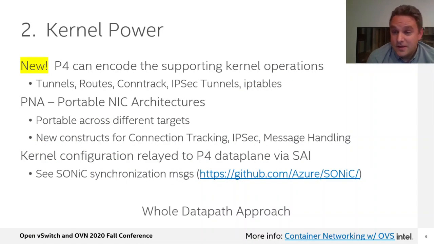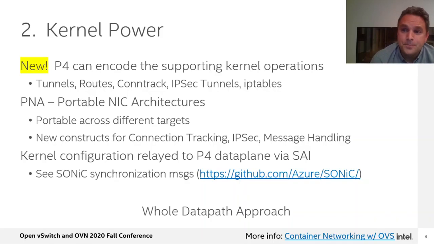The second thing is, OpenFlow and P4 is great, but we need to use a lot of constructs that are part of networking, and today we use the kernel for that. You have tunnels, you have routes, you have IPSec tunnels, and for security groups, we use the connection tracking of the kernel, pretty extensively.